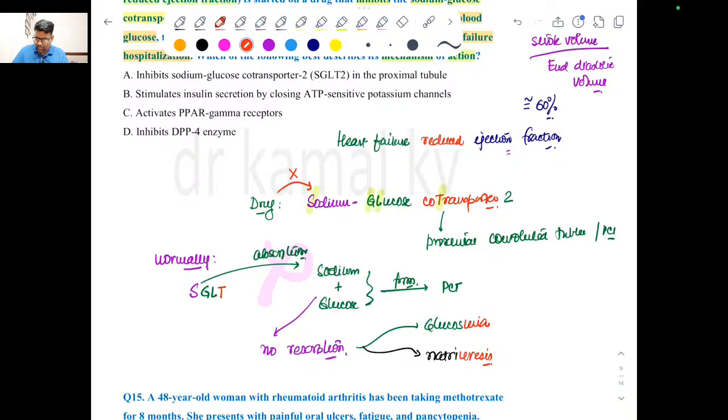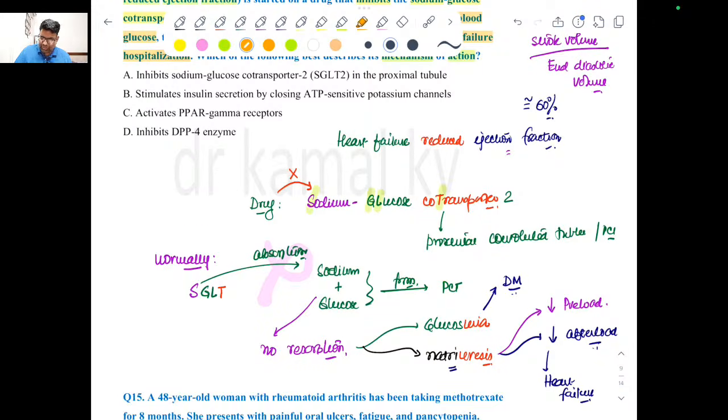Now, this part is important for diabetes management, but natriuresis, what will happen if the sodium is gone, then the intravascular volume will reduce and this will reduce the preload. Also, there will be reduction in the afterload, that is the resistance. So, what is happening? Preload is reduced, afterload is reduced. So, this is helping in heart failure.